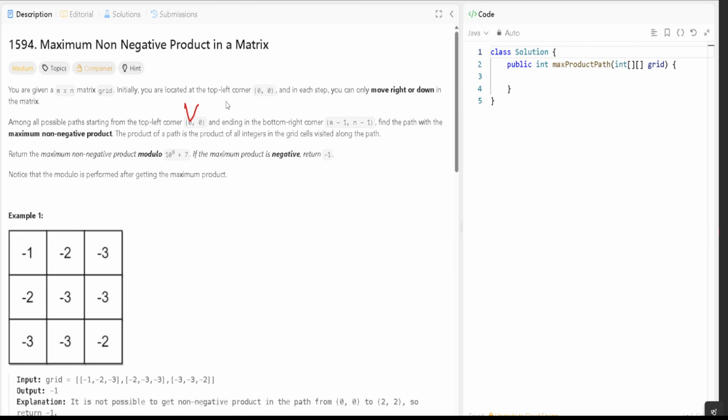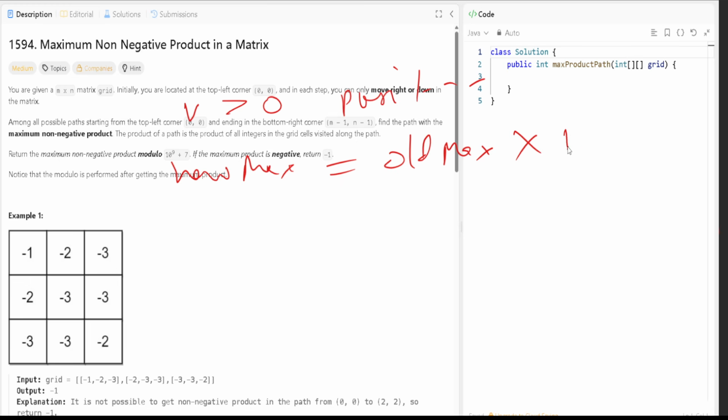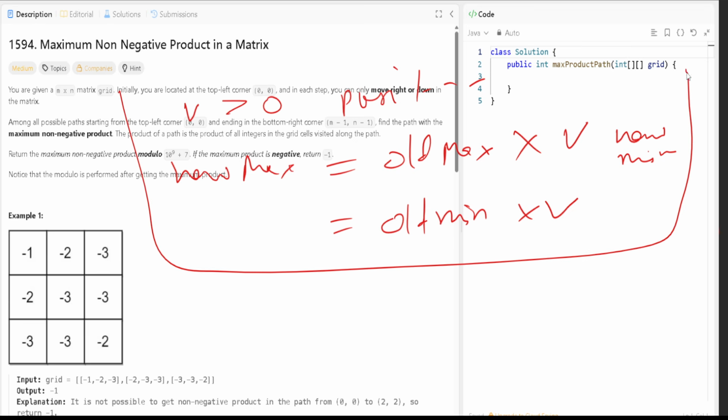If v is greater than 0, meaning it's a positive value, what will the new max be? The new max is the old max into v, and the new min is the old min into v. So in the positive case, this will happen.